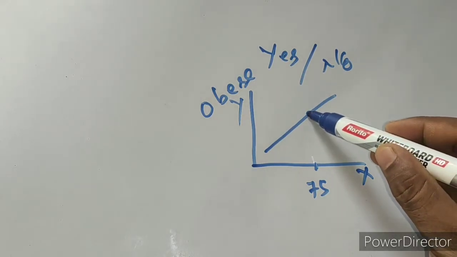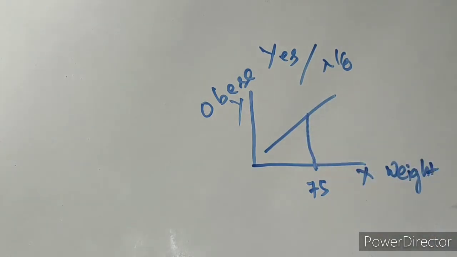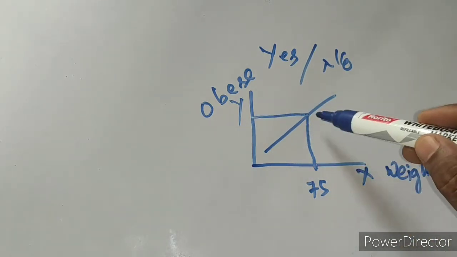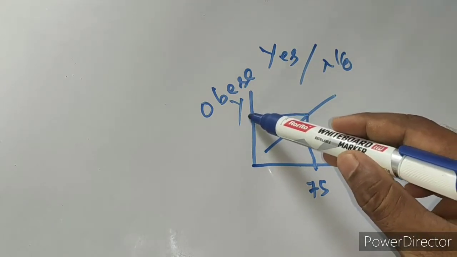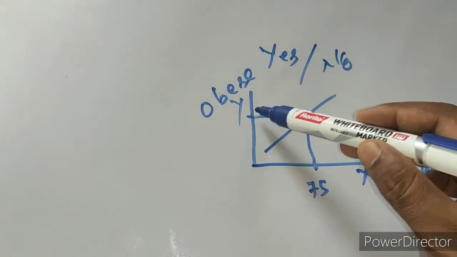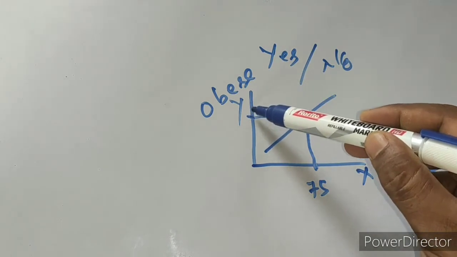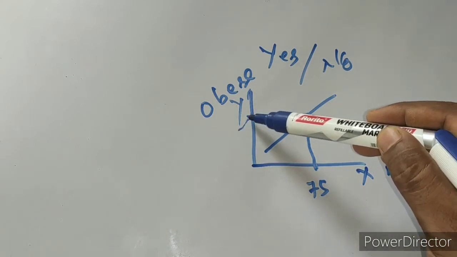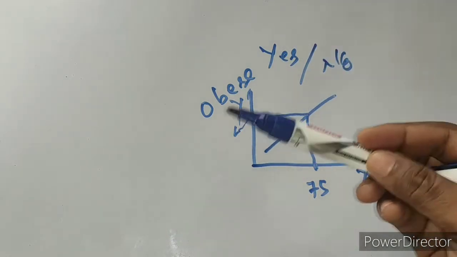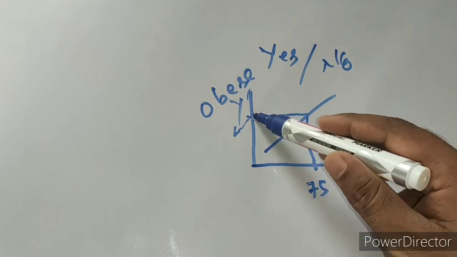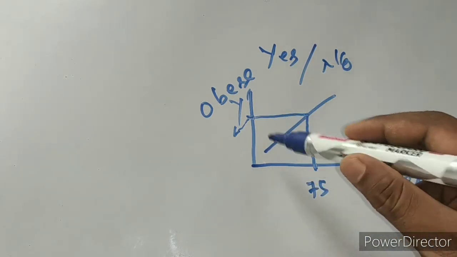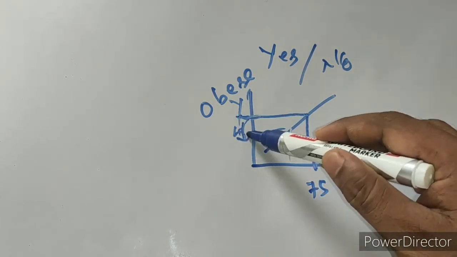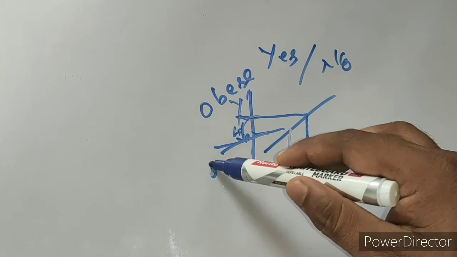Anything above this line will be obese, and anything below this point will be not obese. So if a value is 65 kg, definitely it will fall under this line on the y-axis. So this place is not obese.